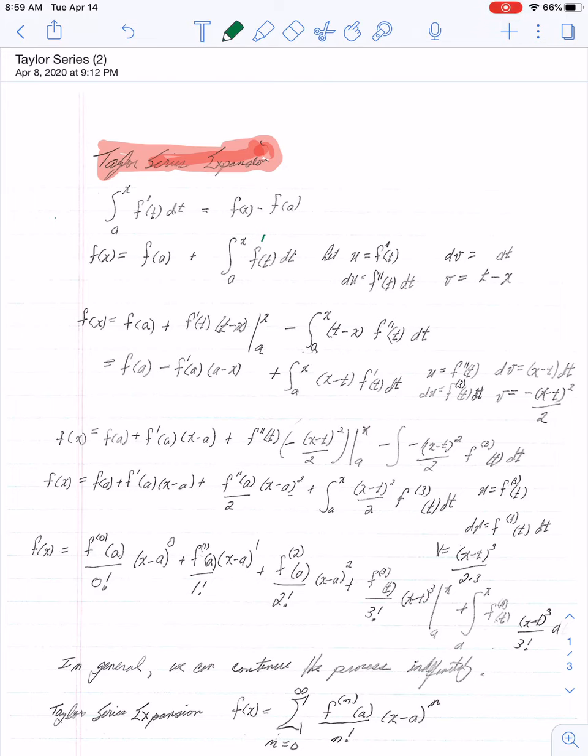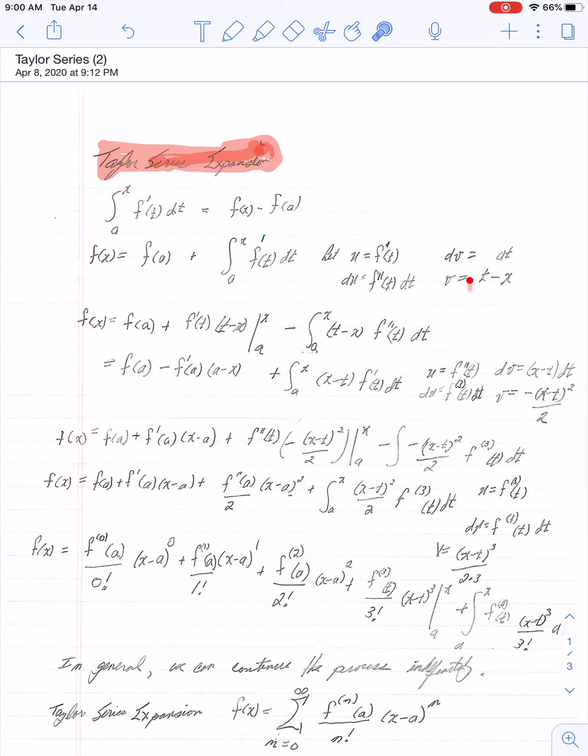All right, so I'm going to let u be f prime, and then dv has to be everything else. Well, everything else is just dt. So u is f prime, dv is dt. So what's du? And the answer is du is f double prime of t dt. Just take a derivative. Now what's v? Well, v is the integral of dt, which is t.